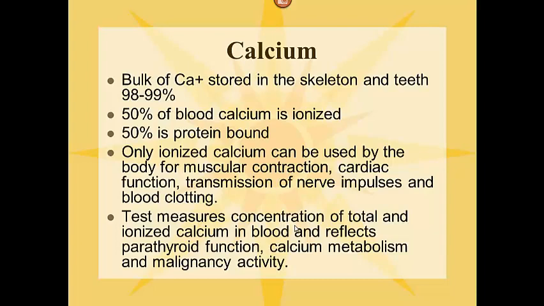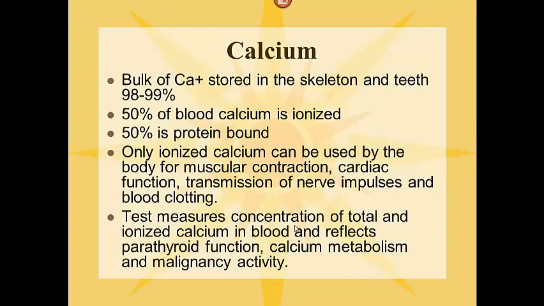Calcium. Calcium is basically stored in the skeleton and the teeth. It is 50% ionized and also highly protein bound. So that means that your nourishment or your nutrition status is very important to be able to analyze calcium level because it's attached to albumin.